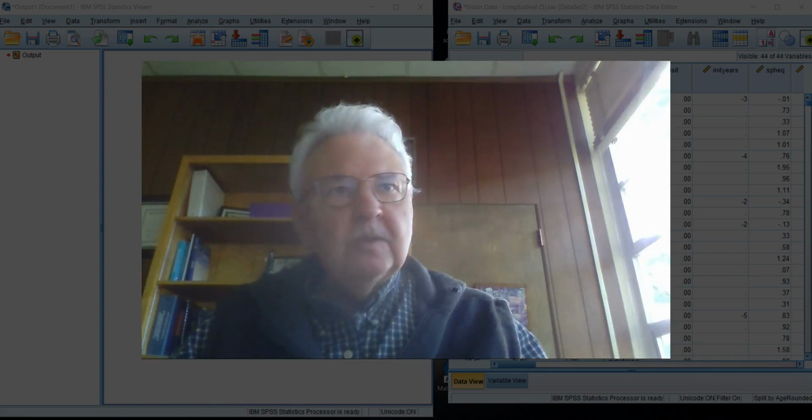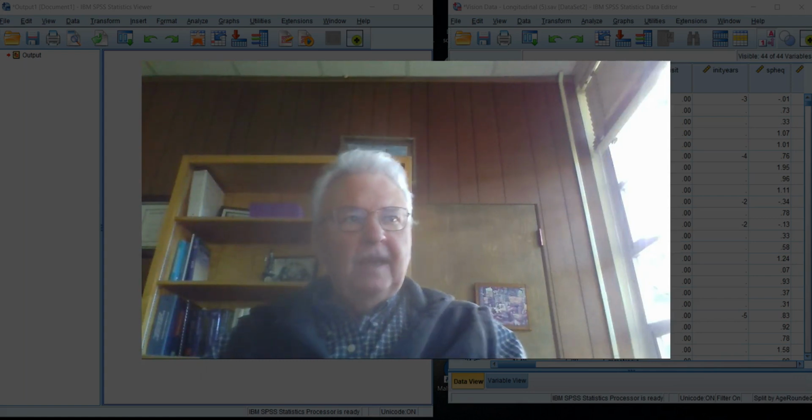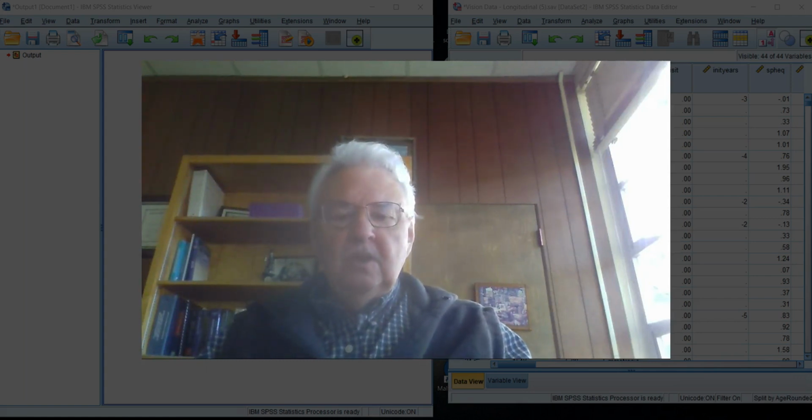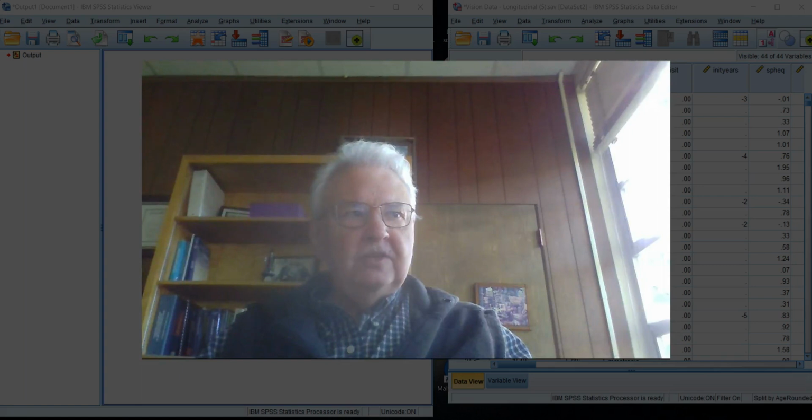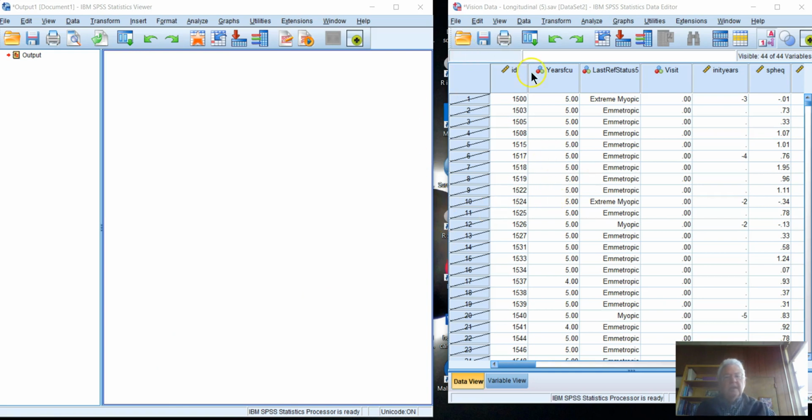So first we're going to load the vision data set, and we're going to look at visit 0 and age rounded 7. So here is our vision data set.